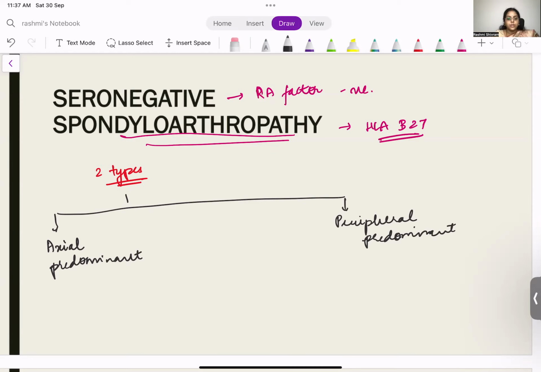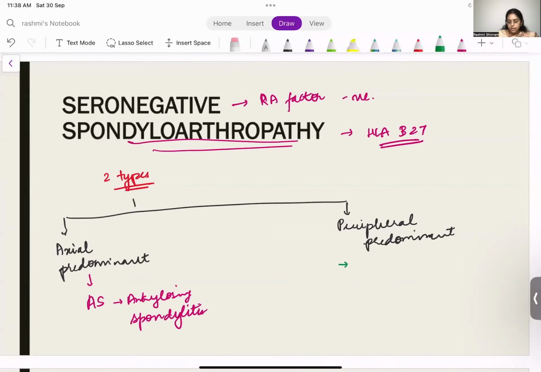Let us now look at the axial predominant, most common problem which we encounter. The most common one which is axial predominant is AS, which is ankylosing spondylitis. Moving on to the peripheral predominant ones.